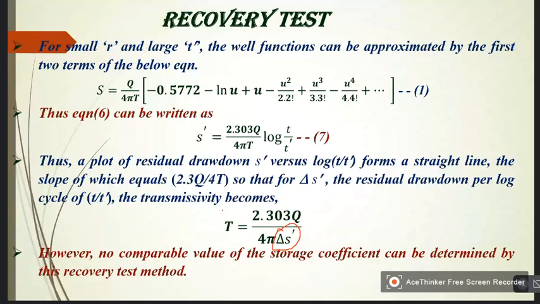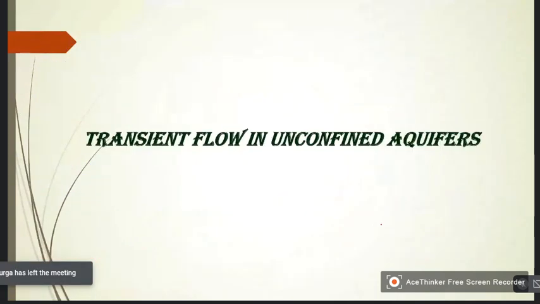So this equation we can use to get T. Once T is obtained, S can be automatically determined. Once you know T, you can take any one point, observation well point, and then use that well function value. So this is how the recovery test will work.